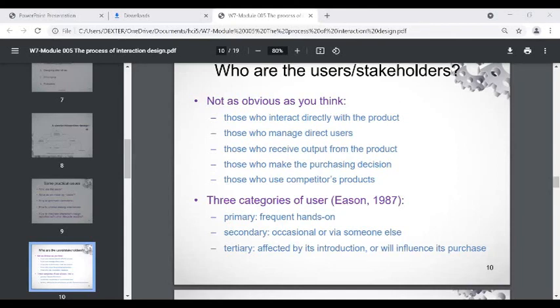Okay, so the trouble is that there is a surprisingly wide collection of people who have a stake in the development of a successful product. These people are called stakeholders. Stakeholders are people or organizations who will be affected by the system and who have a direct or indirect influence on the system requirements.